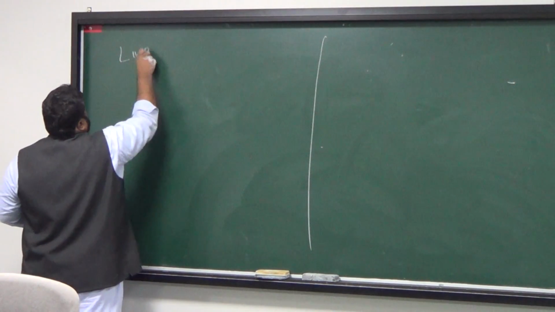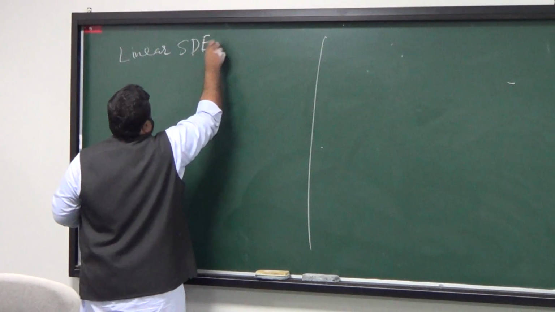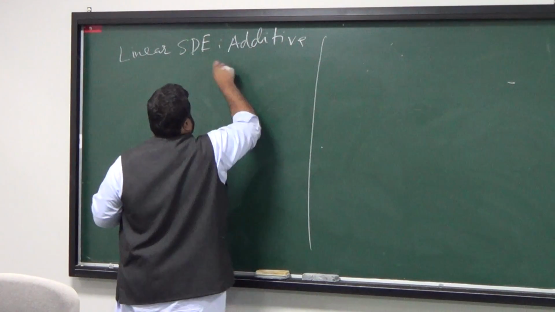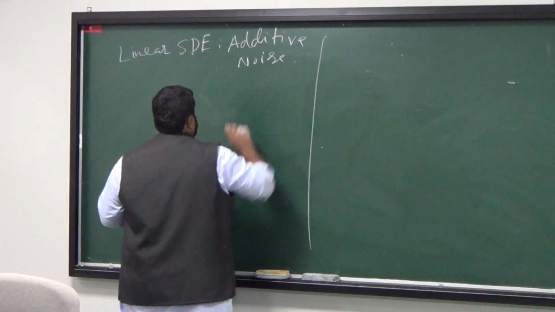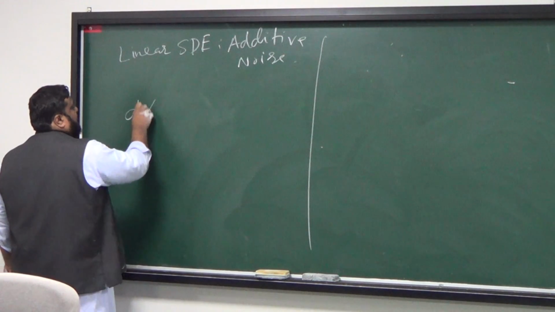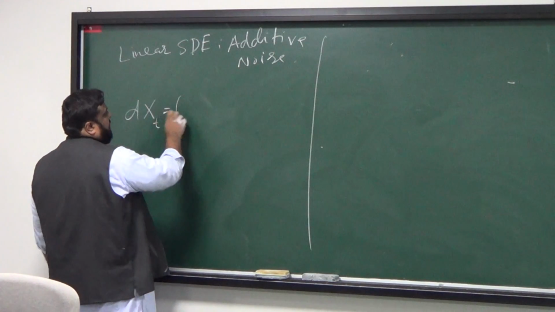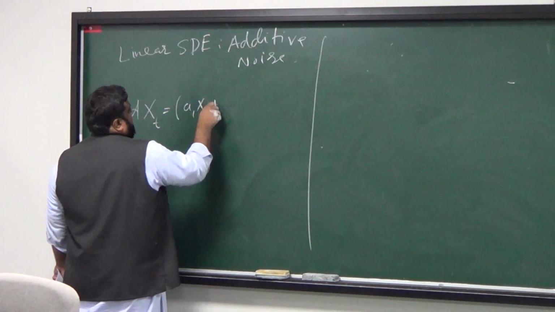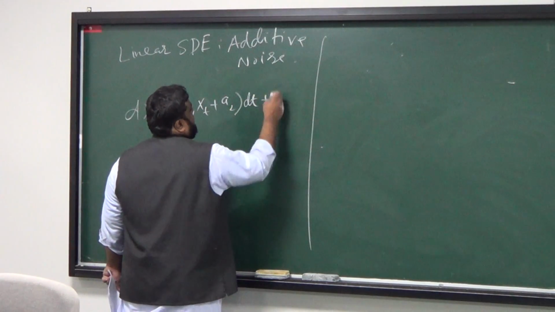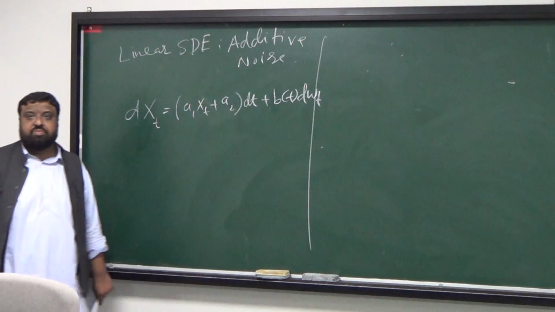I'm going to call my SDE an SDE of additive type, so it contains additive noise. For example, if it is linear: (A1 x_t + A2) dt + b(t) dW.